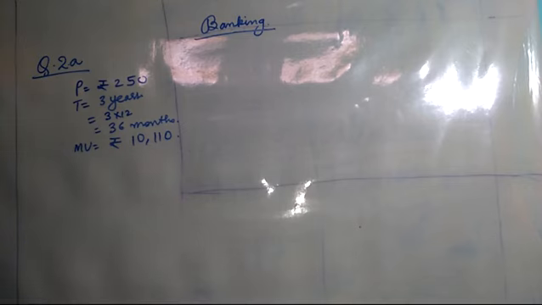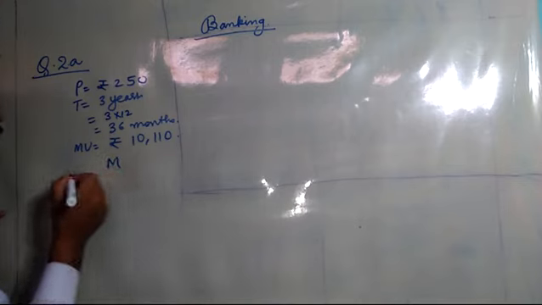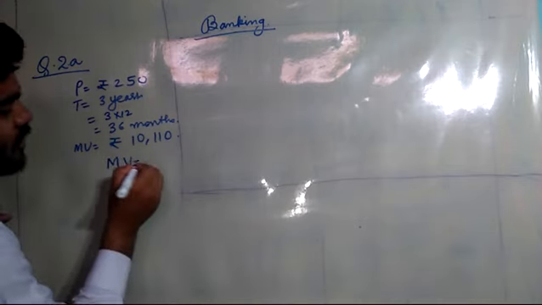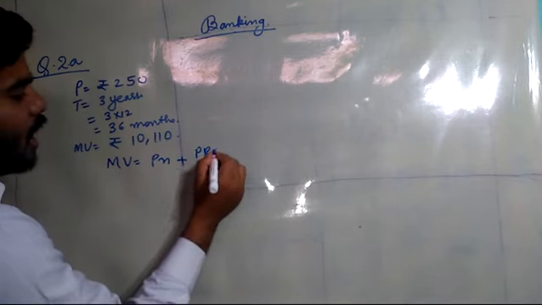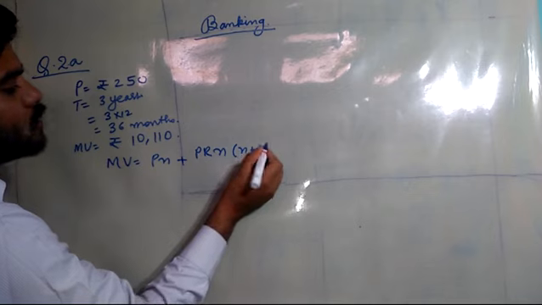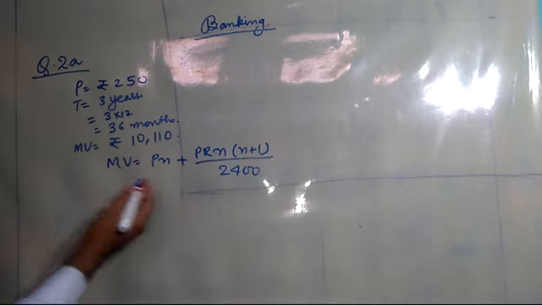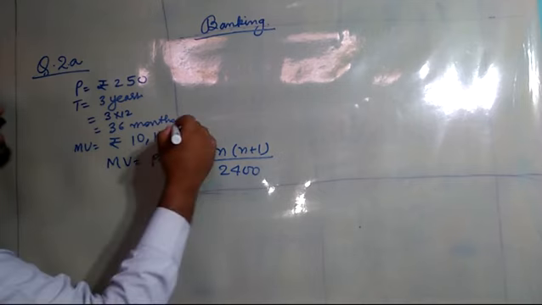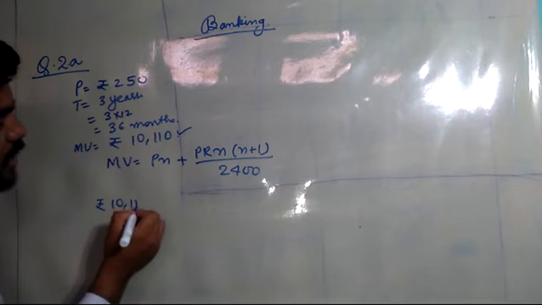The first part they are asking find the rate of simple interest. Now what is the rate of simple interest? If you use the formula here, we know that according to the formula MV is equal to P into N plus PRN into N plus 1 by 2400. Now we will simply put the values, the data that are provided. Maturity value is rupees 10,110.